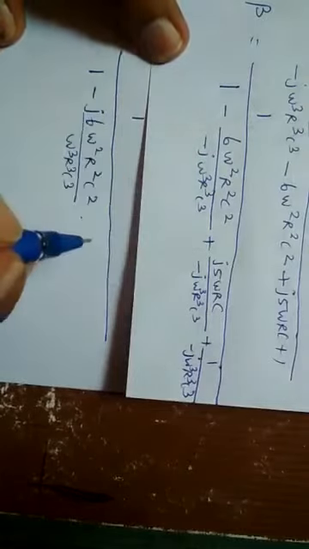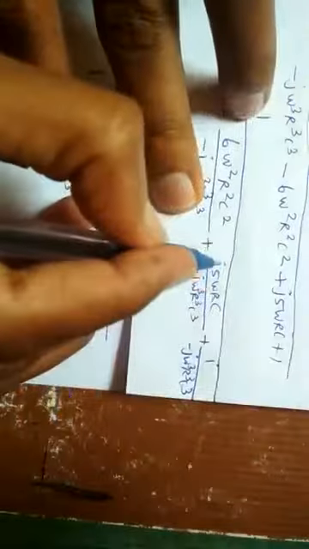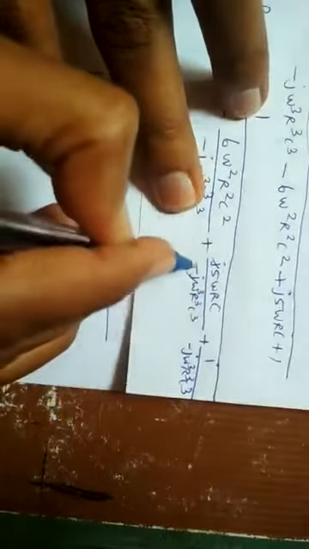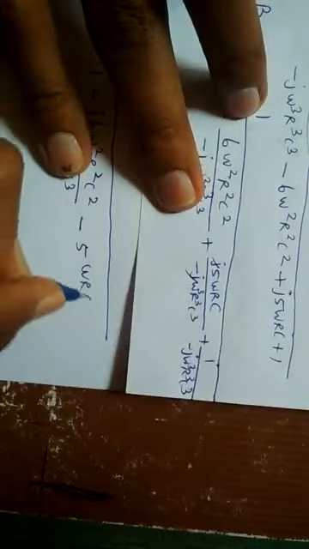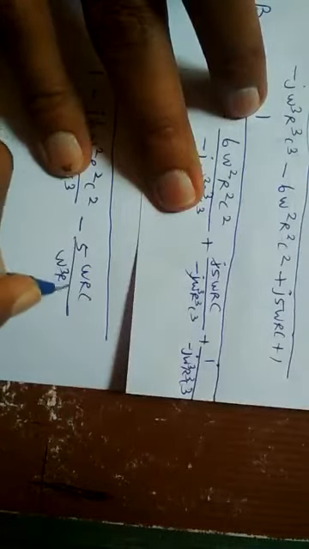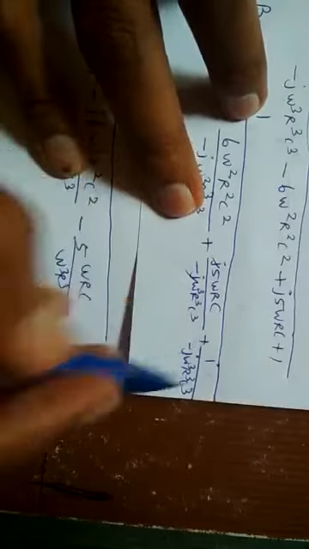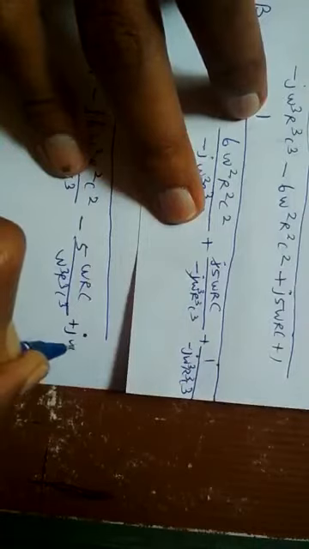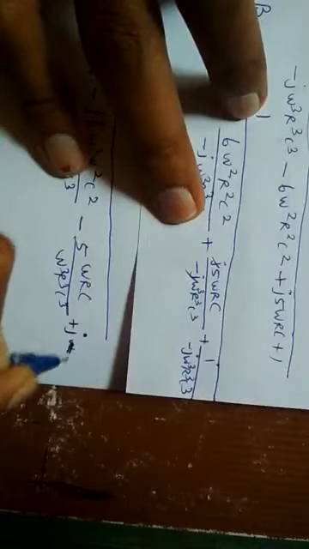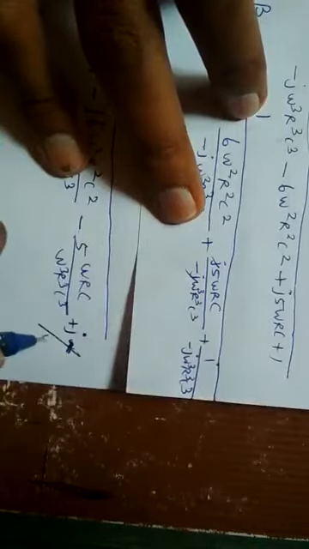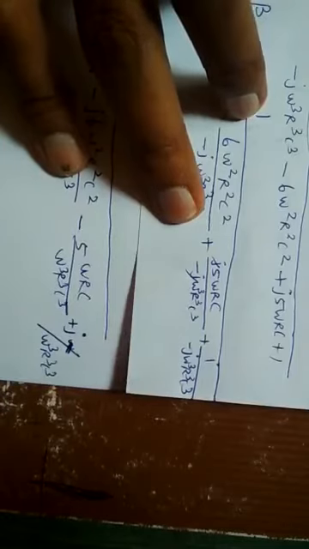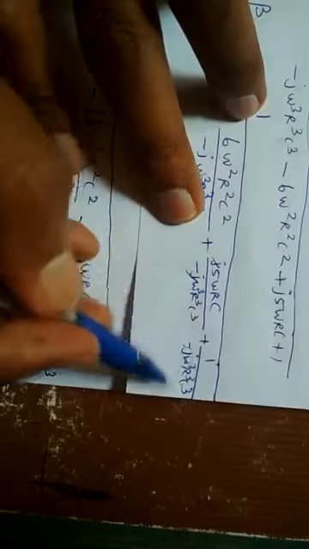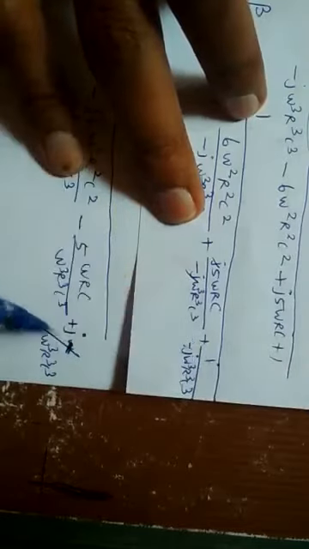For the next term, j and j will be cancelled. You will have minus 5 omega RC by omega cube R cube C cube. 1 by minus j is j, plus j by omega cube R cube C cube, that's why I have put j here.